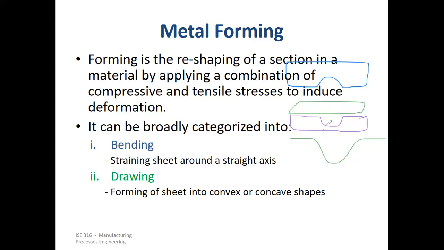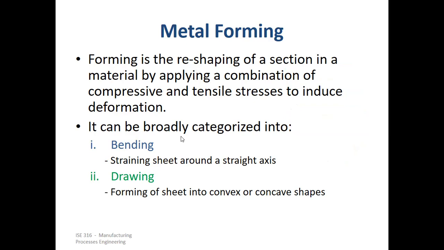I'm sorry, the die has the projection, and therefore you would have a convex shape as well. It's just reorienting or readjusting the die and punch. So basically, concave or convex shapes you can form. That's drawing. Bending is basically straining the sheet around a straight axis. About an axis, you try to bend it. It's that simple, bending.